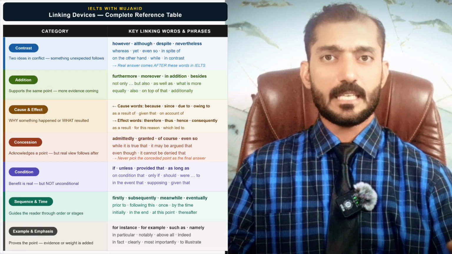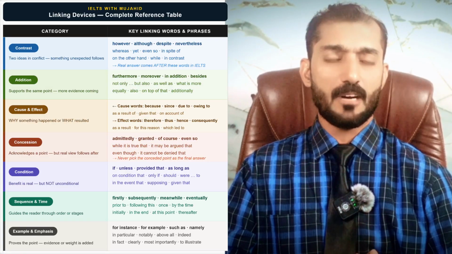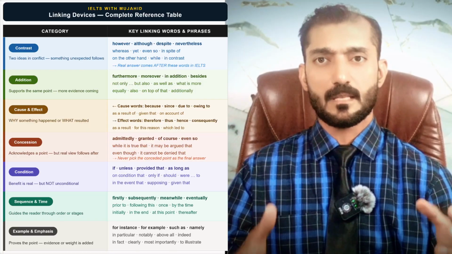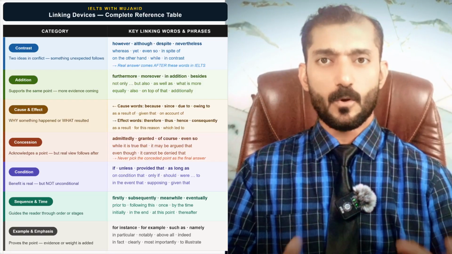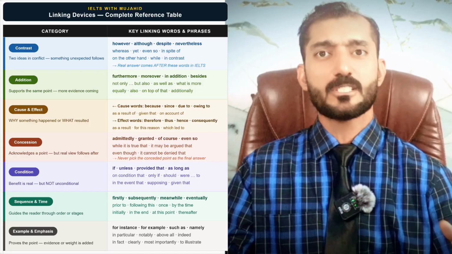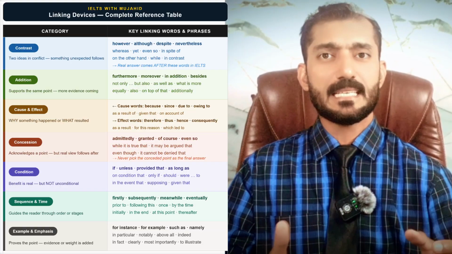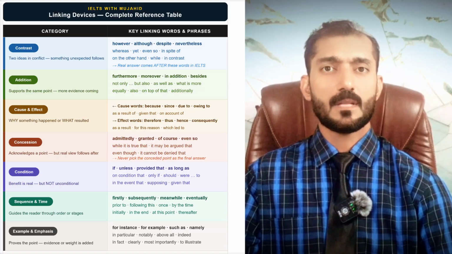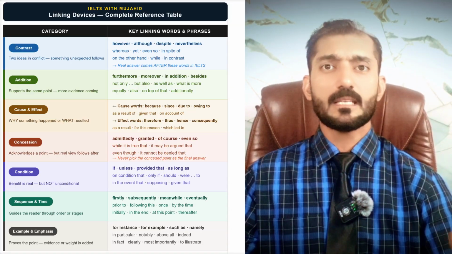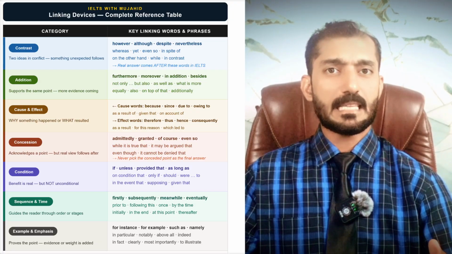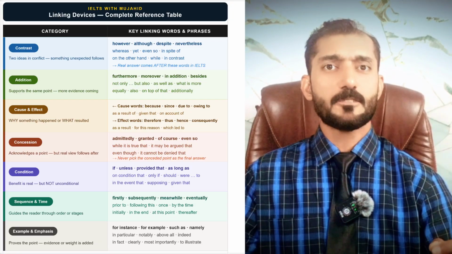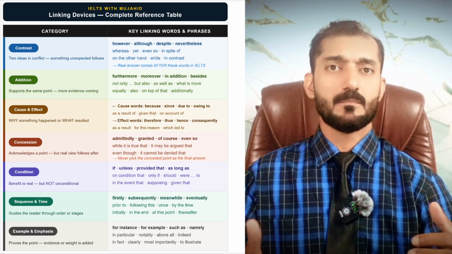Now on your screen, you can see a table of linking devices organized into 7 categories. I want to walk you through each one, not just the words, but what job each category does in a sentence. Because knowing the word is only half the battle. Knowing the relationship it creates gives you the power in every single module.